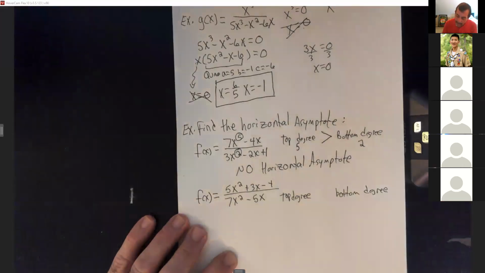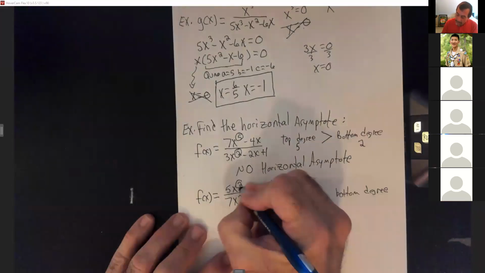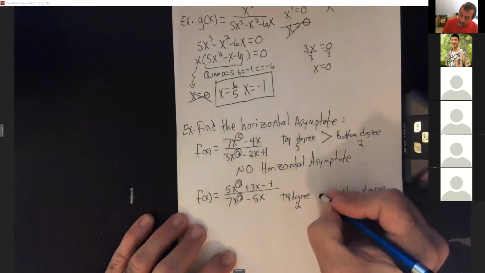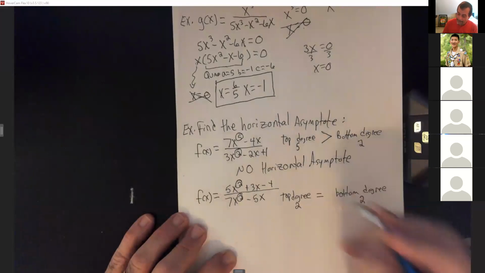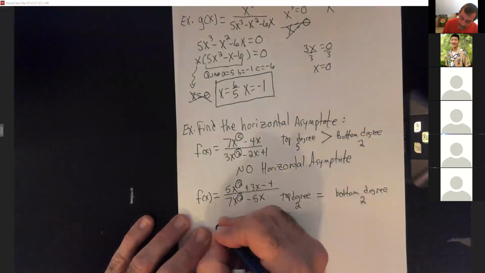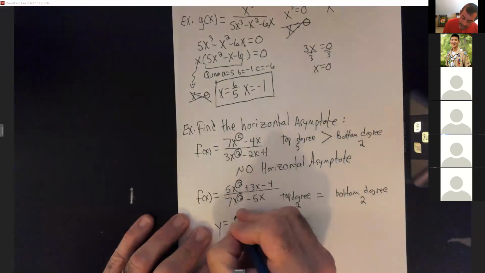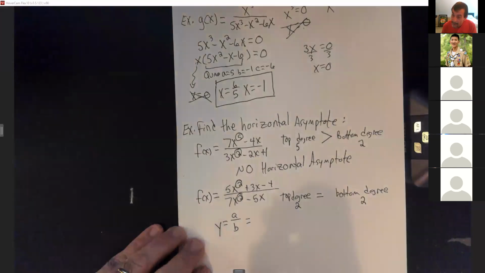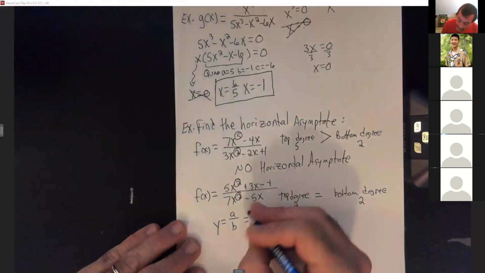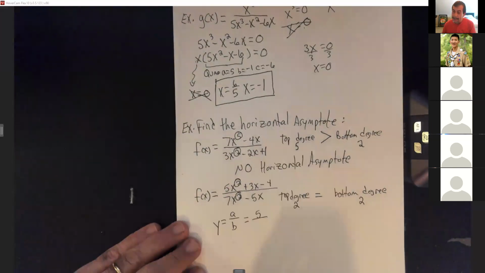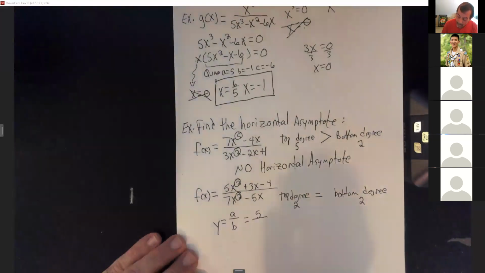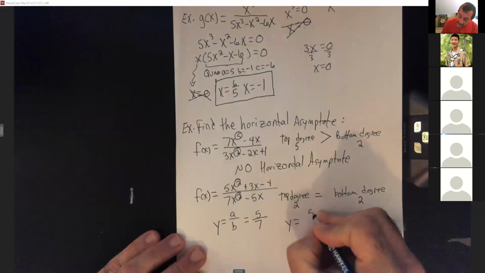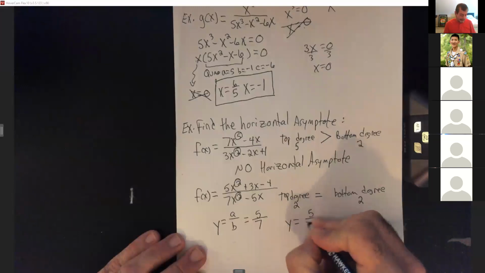On this one, I got a 2 for the top degree. I also got a 2 for the bottom degree. So those are equal. Remember, since they're equal, it's going to be the ratio of A over B, where A was the lead coefficient on top, which was the 5, and B is the lead coefficient on bottom, which is the 7. So your final answer would be y equals 5 over 7.